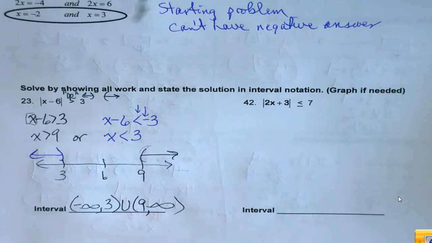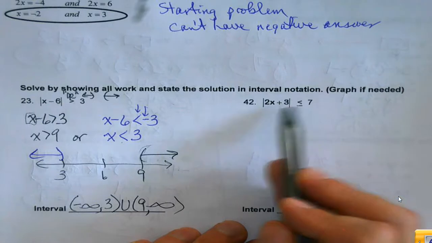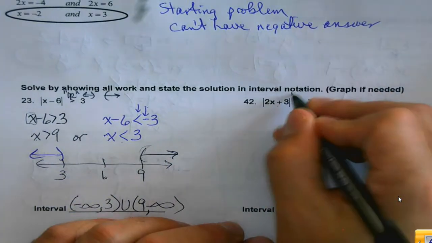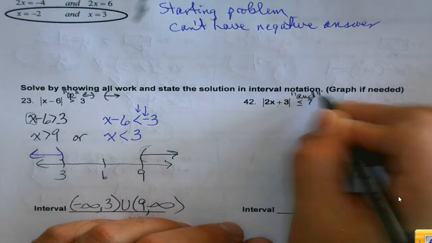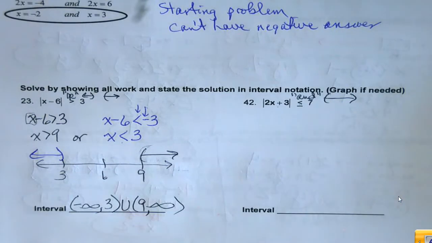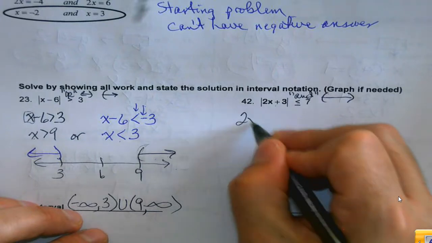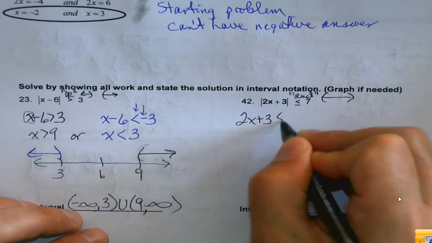Unlike your and, like number 42, and again, how do I tell the difference? If the arrow's pointing at it, if it's less than, that's an and. Those are the little tiny guys. The setup is the same. I still just copy it the first time.